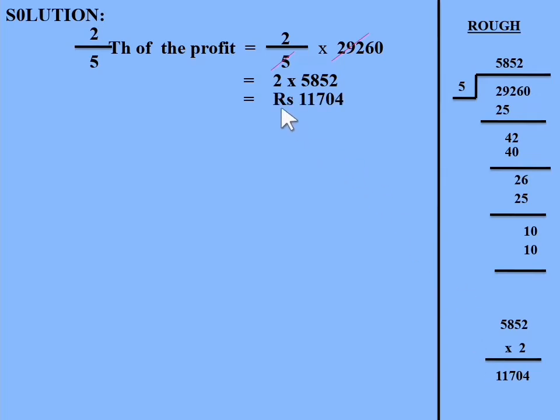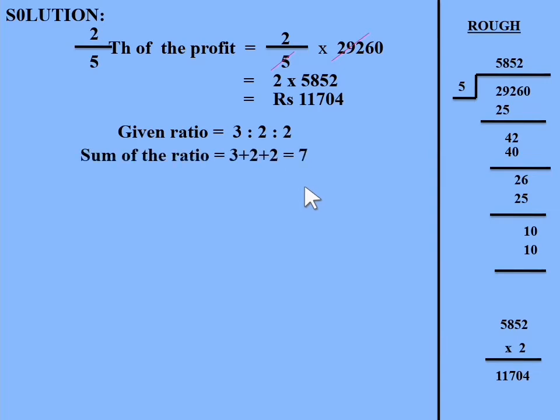So 2/5 of the profit is 11,704. Now this 11,704 is to be divided into 3 parts in the ratio of 3:2:2. So the given ratio is 3:2:2, the ratio of the driver and the conductors.